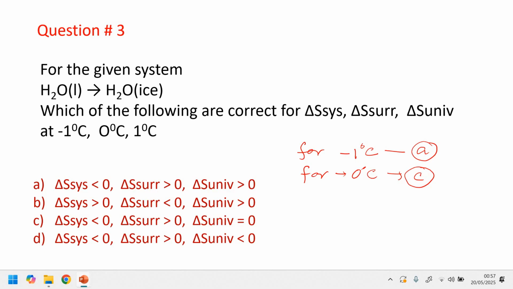That means entropy change of the system is much less than 0. So for 1 degree centigrade, the answer will be D because it is non-spontaneous. So overall entropy change of the universe is less than 0. Okay. So this is your question number 3.